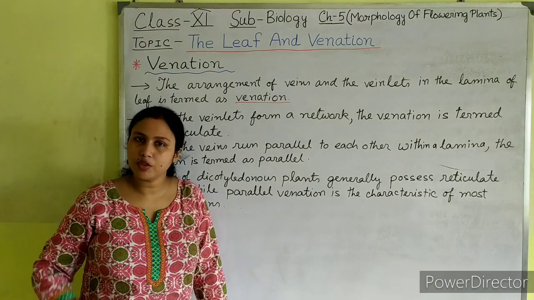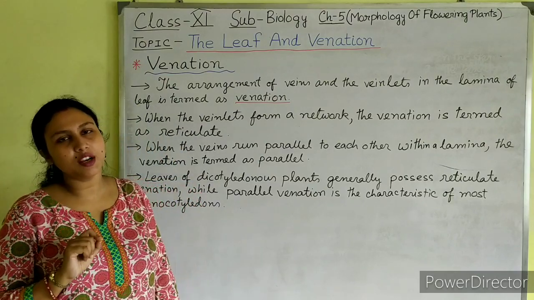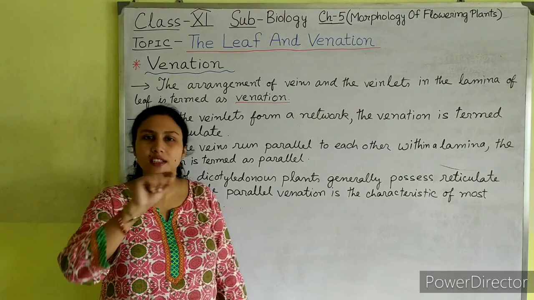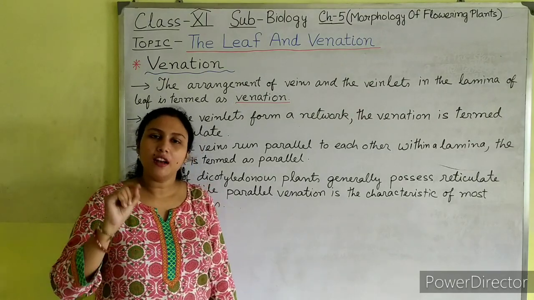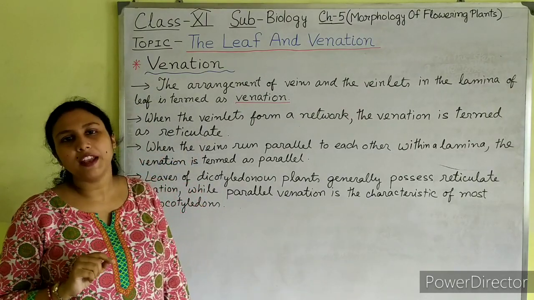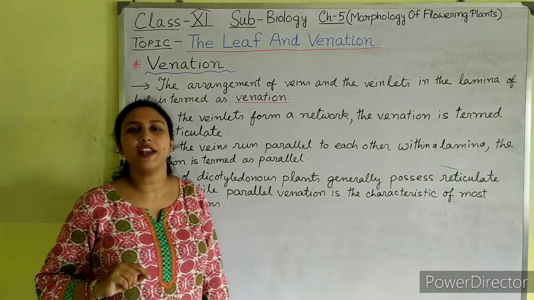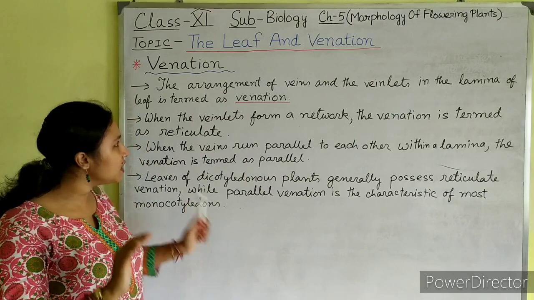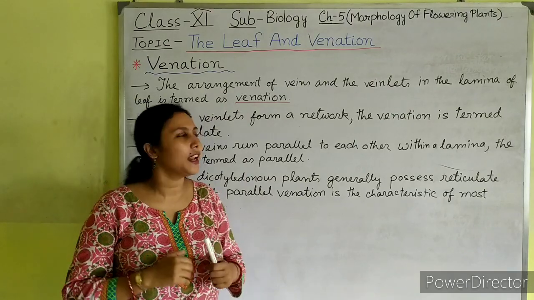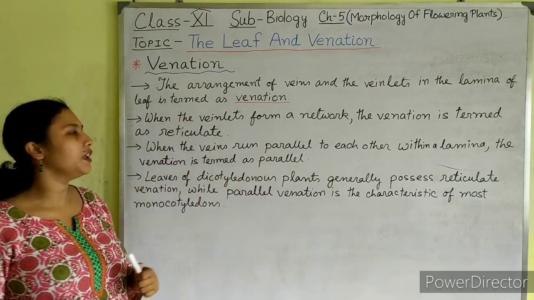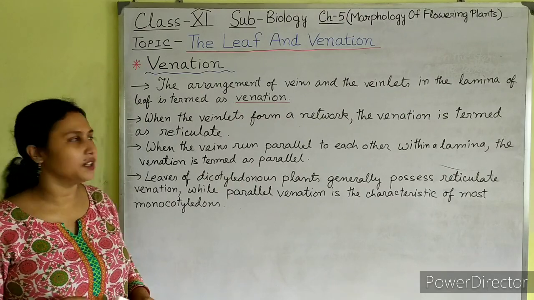I have already shown you the picture. There you have observed it is labeled as vein, and veinlets are also labeled in that diagram as small netted veins.